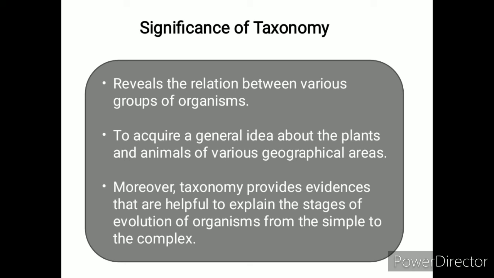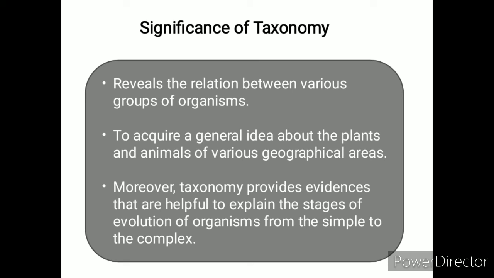So we all know that the organisms have evolved from simple to complex. Initially there were simple organisms, and from those simple organisms the complex organisms have evolved. And this taxonomical study will provide evidences regarding the evolution of organisms from simple to complex.